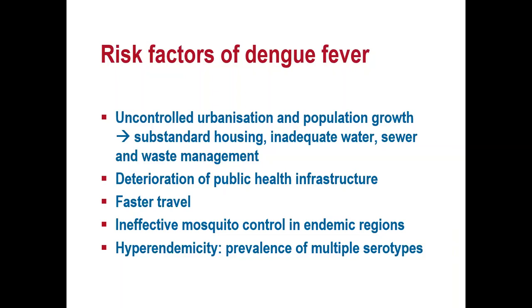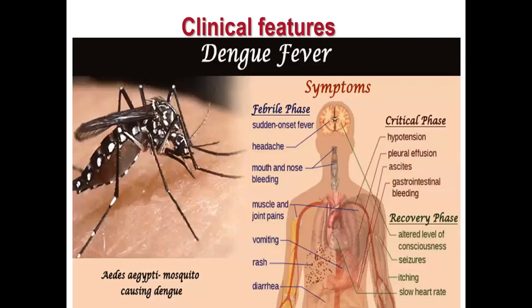It is also related to deterioration of public health infrastructure, faster travel to areas where dengue is endemic, like Pakistan, ineffective mosquito control in the endemic regions, and hyperendemicity, that is, the prevalence of multiple serotypes infecting patients.